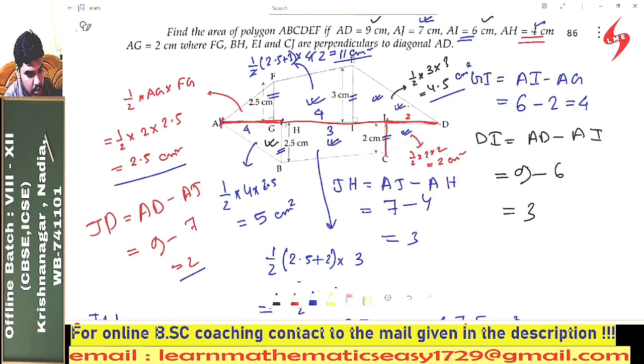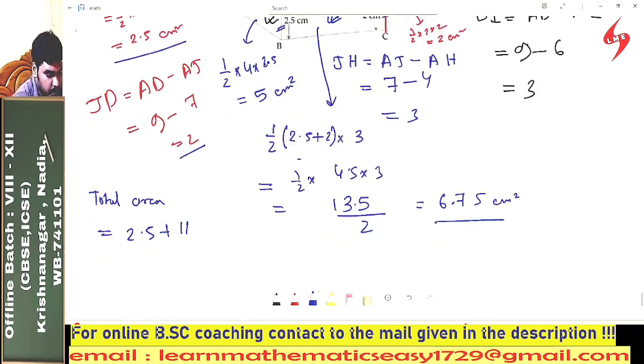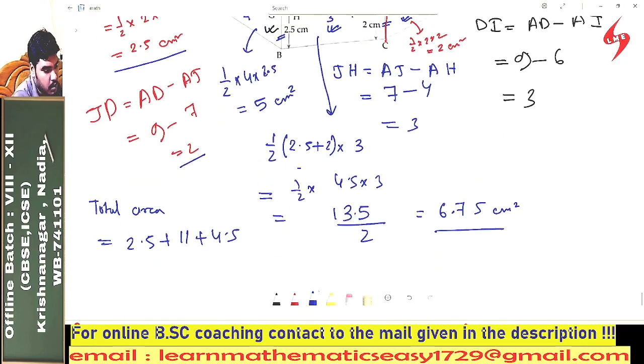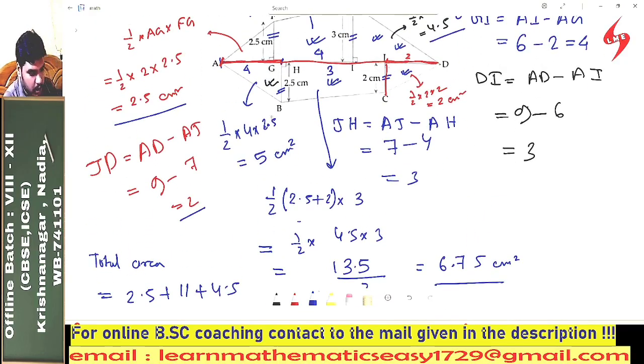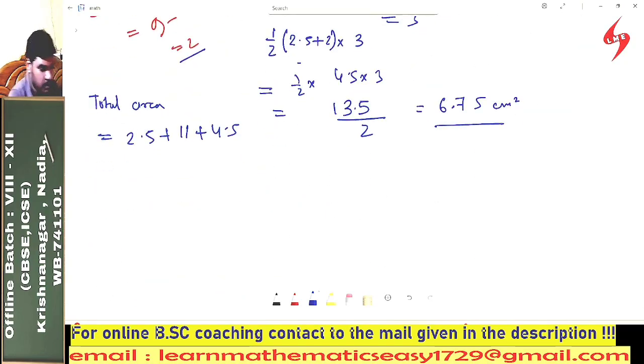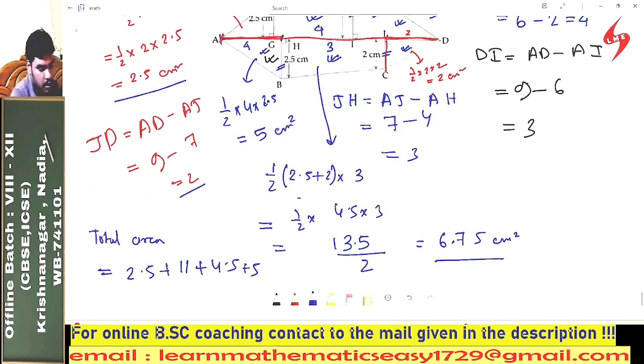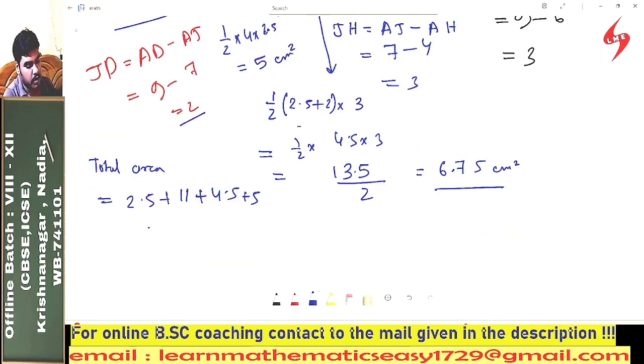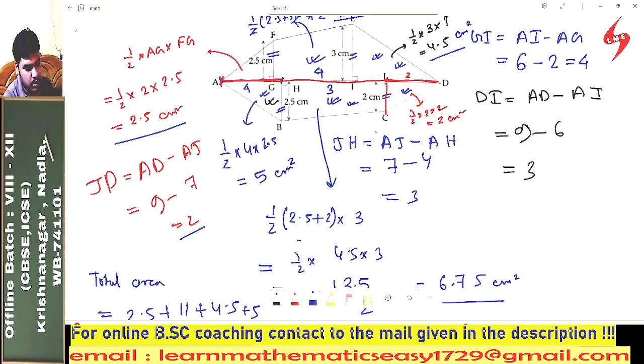Area of this, that is 4.5. Area of this, that is 5. Area of this, 6.75, and the last one, this triangle, that is 2.